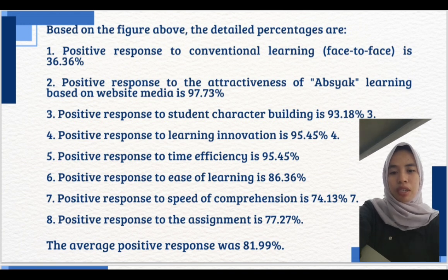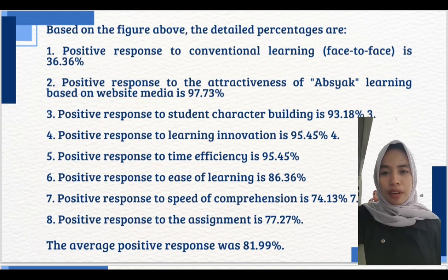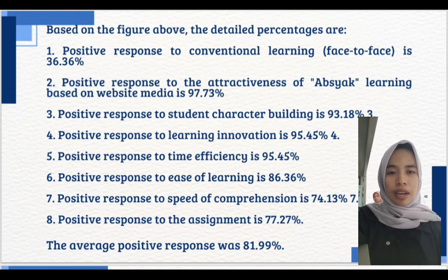And then the fourth aspect, there is a positive response towards learning innovation by 95.45%. And next, for the fifth aspect, there is the positive response to time efficiency, which was 95.45%. And then for the sixth aspect, there is a positive response to ease of learning, which was 86.36%.